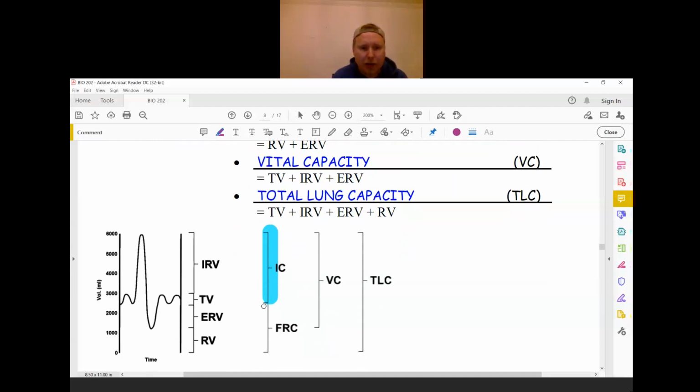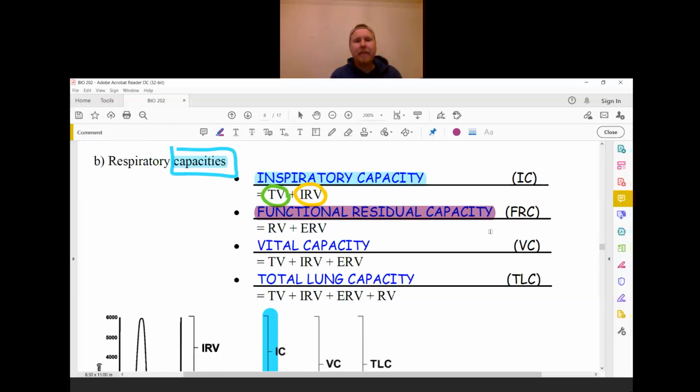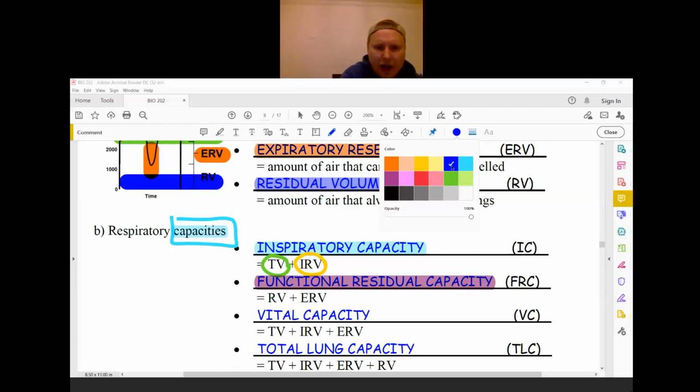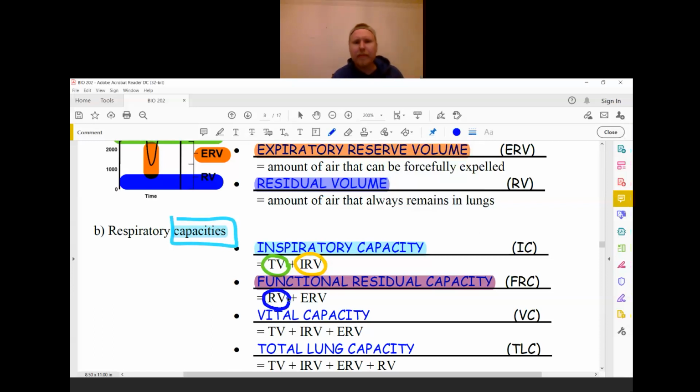Functional residual capacity can be calculated by adding together our residual volume and our expiratory reserve volume.